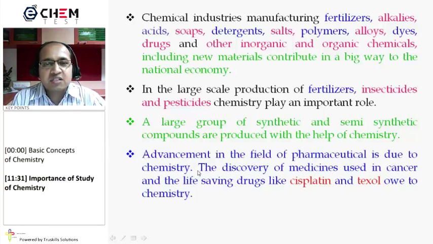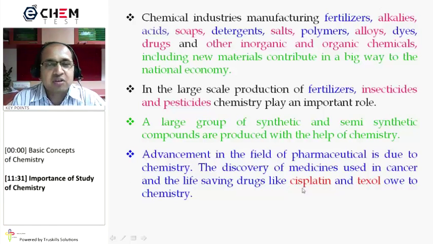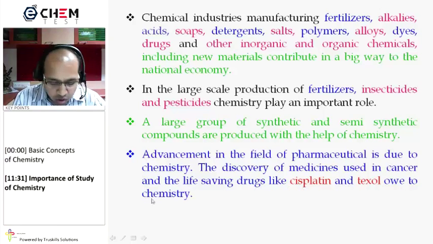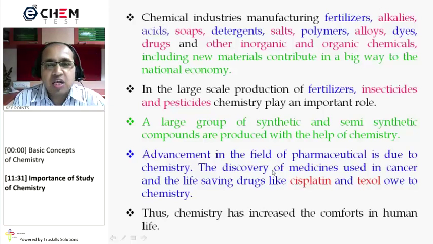Various kinds of medicines are developed in the pharmaceutical industry, which is nothing but an indirect role of chemistry. It is a combination of chemistry and the pharmaceutical branch. The discovery of medicines used in cancer and life-saving drugs like cisplatin and Taxol are due to chemistry. Thus, chemistry has increased the comfort in human life.